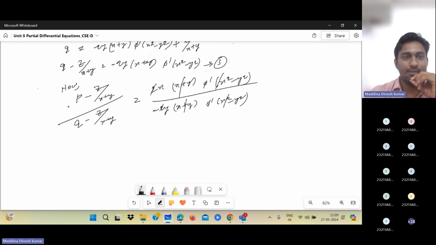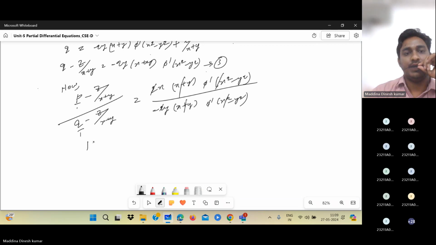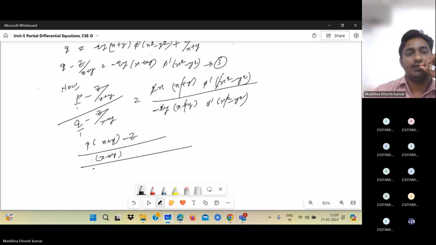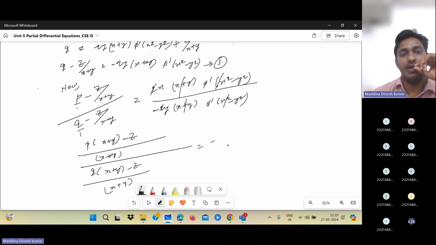This one here is p by 1, here it is q by 1. So after doing cross multiplication, what will we get here? P into x plus y minus z by x plus y, by q into x plus y minus z by x plus y, equal to minus x by y.